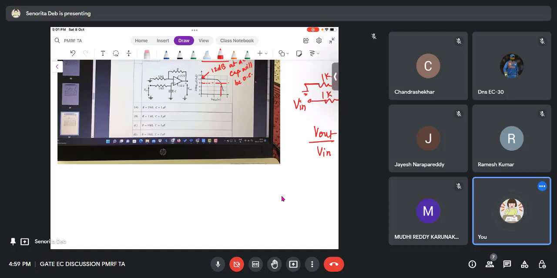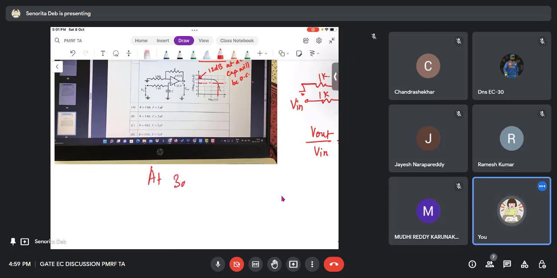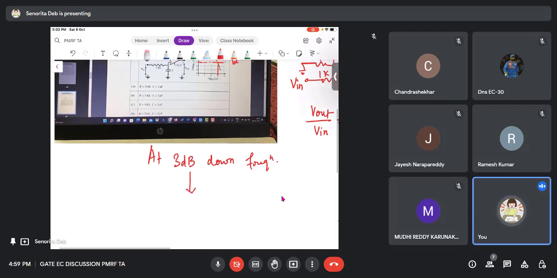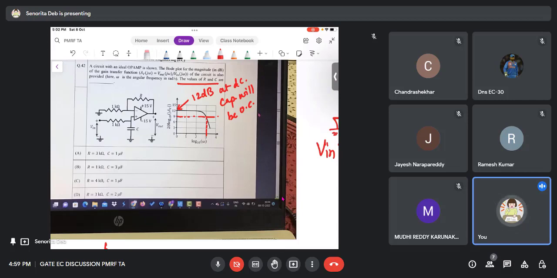So the 3 dB down frequency: log 10 omega C is given as 3, right? 3 dB down is 9. That is how I am finding the corresponding 3.